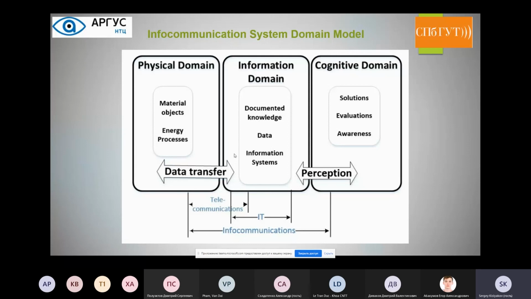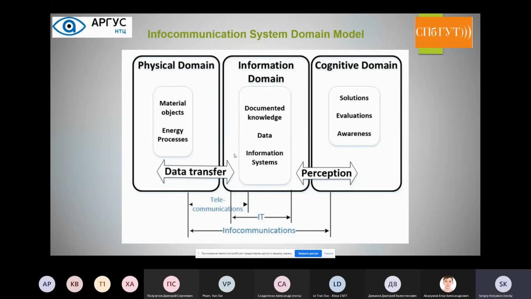The physical domain on the left side is mostly concerned with energy processes and the interaction of material objects. The simulation, analysis, and intellectual activity producing evaluations and solutions is the product of mental and physical activity of the cognitive domain on the right side of this slide.